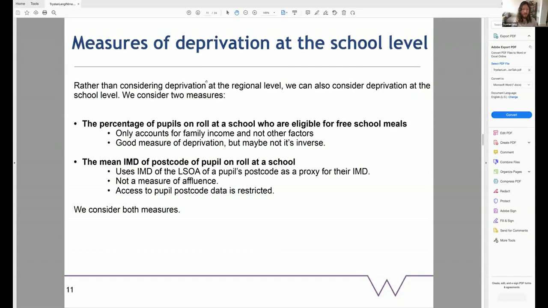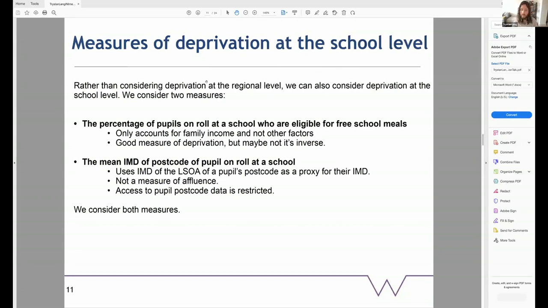Another option is to use the mean IMD of the postcodes of pupils on roll at a school. If we know the postcodes of a pupil, and we know the IMD of the LSOA, which is a very small area of the pupil's postcode, we can use that as a proxy for pupils' IMD.